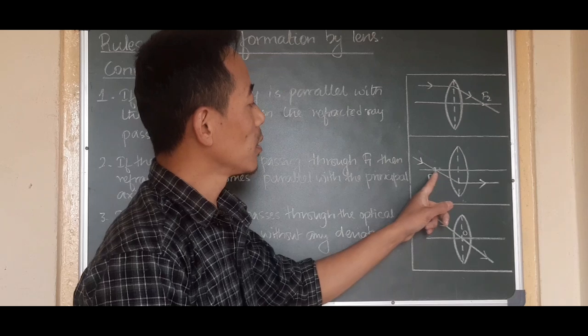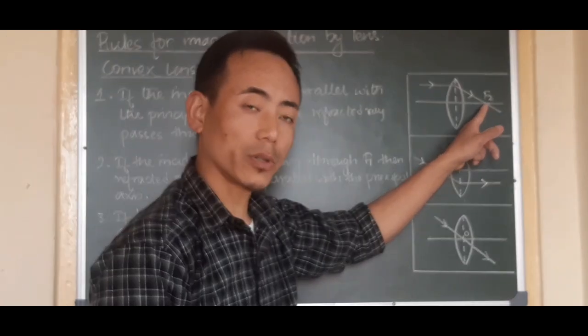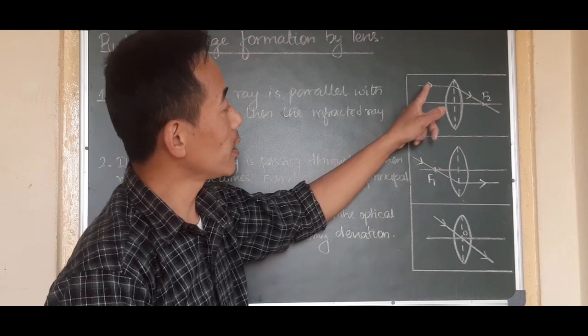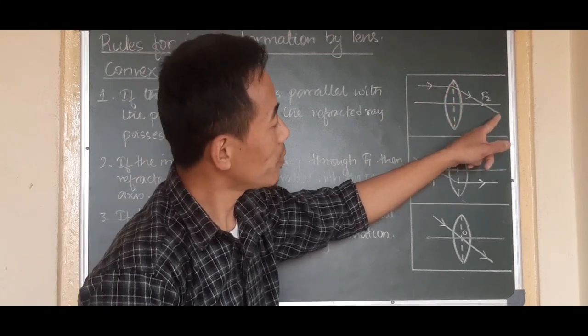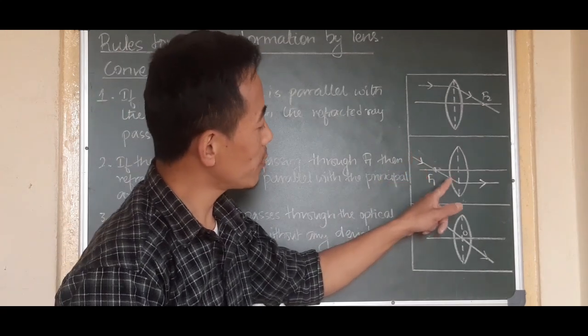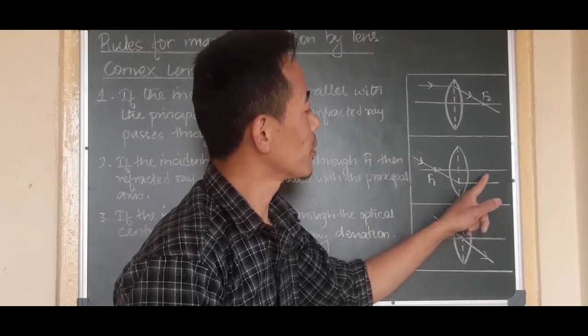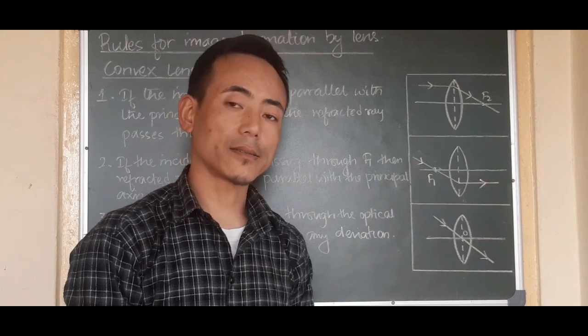So this one is the first principal focus. This one here is the second principal focus. So in the first rule, the incident ray was parallel, and the refracted ray was passing through the second focus. Here in rule number 2, the incident ray is passing through the first focus, and after refraction, the refracted ray becomes parallel with our principal axis.